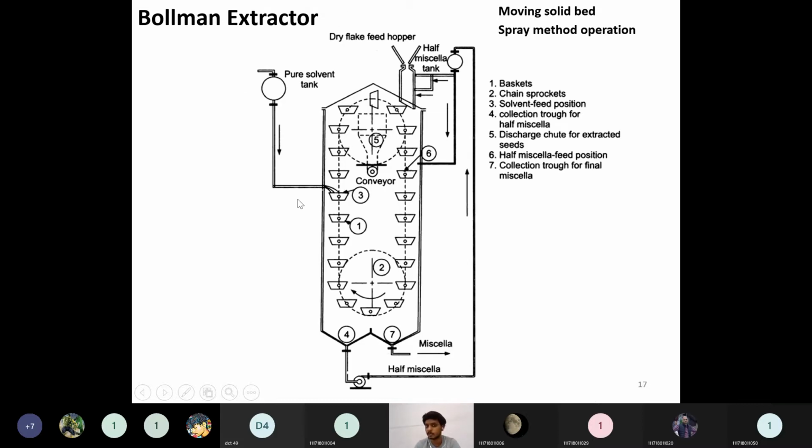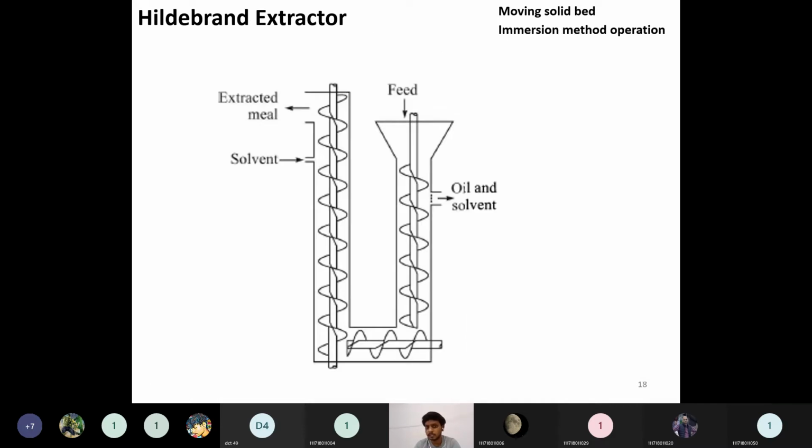Whereas in the previous case, it is not so. The solvent is not there in the entire column of the Boltzmann extractor, but only sprayed on the solids on the buckets or baskets. But here full immersion is possible. The solids are fully immersed in the solvent.